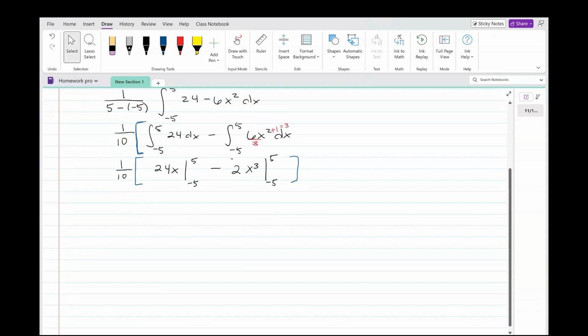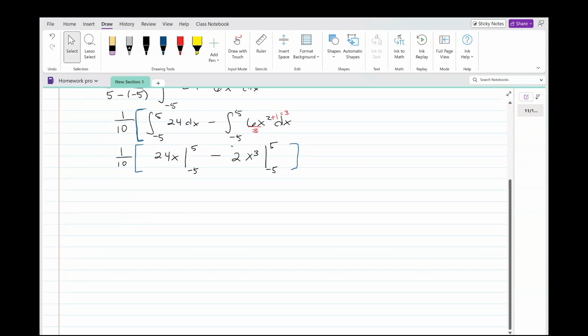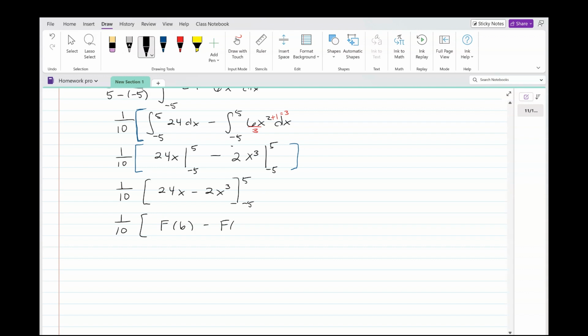Okay, so let's go ahead and start plugging in. I'm going to put them back together, and then I'm going to plug in the higher bound minus the lower bound. So 1 over 10 times 24x minus 2x to the third over the interval from -5 to 5. So 1 over 10, and this is going to be f of b minus f of a.